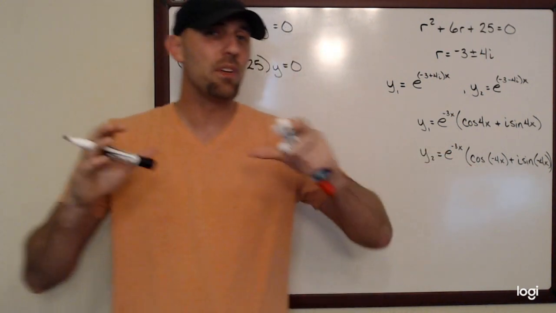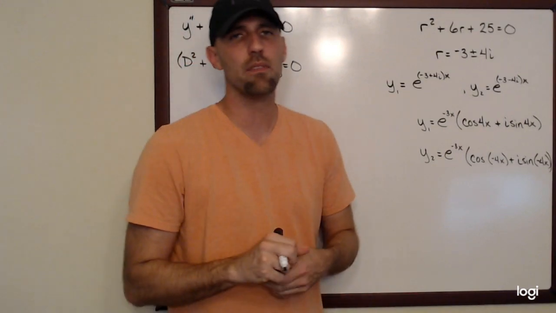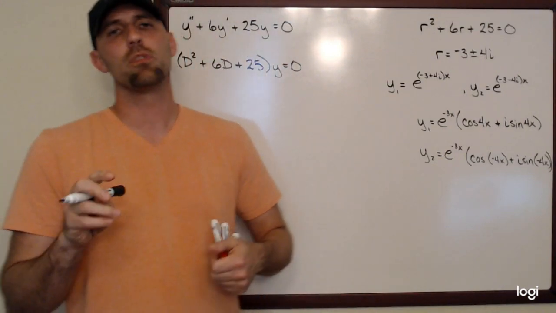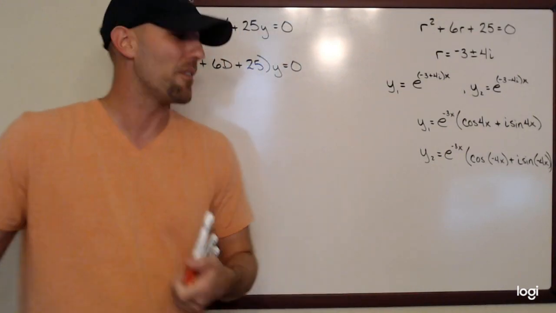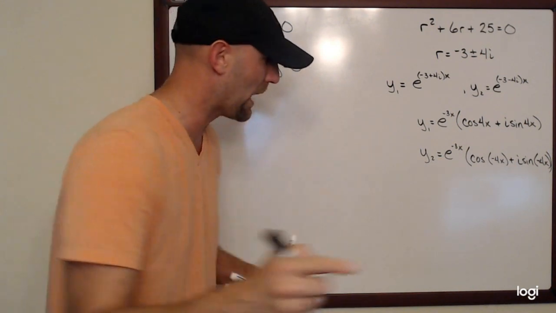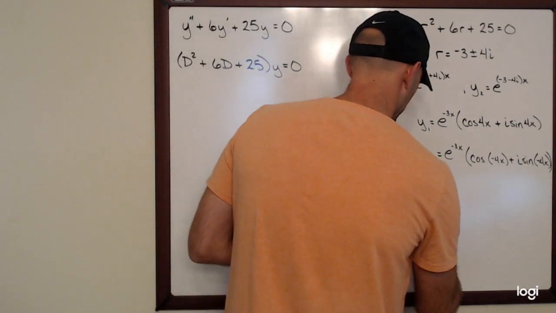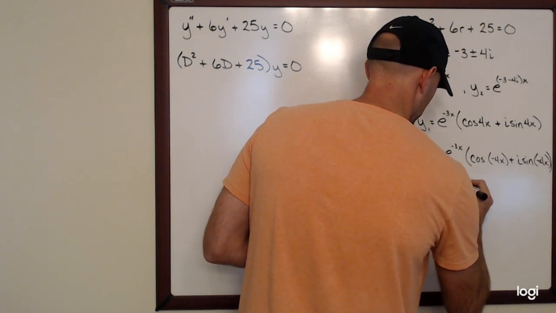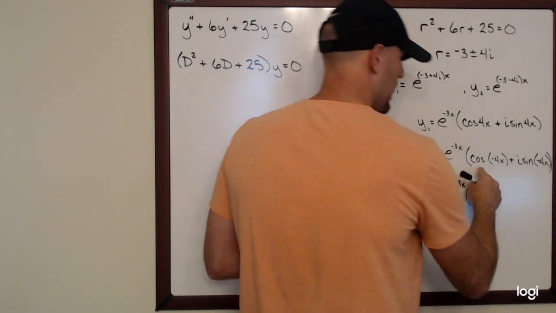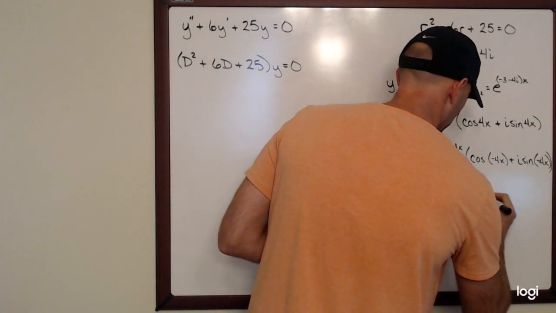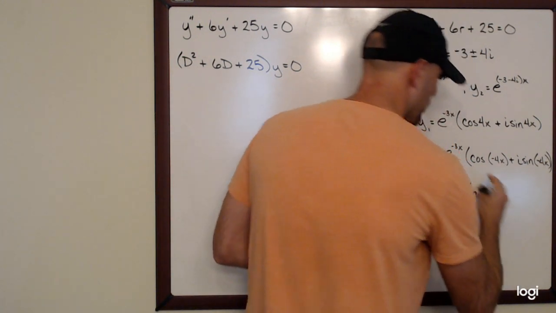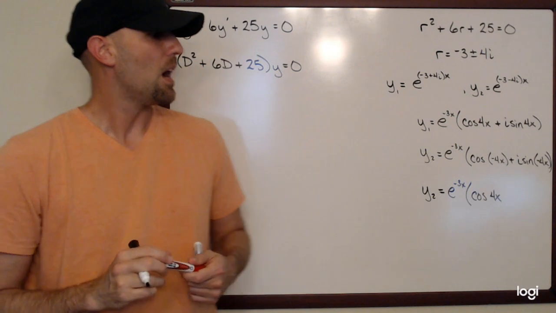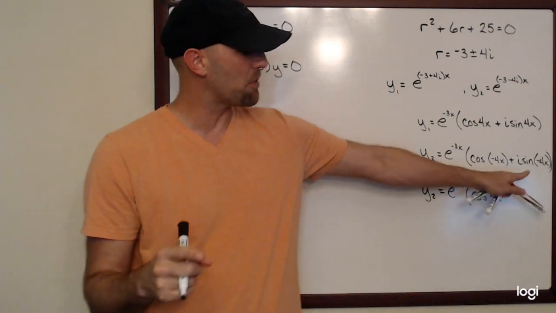I'm going to make a couple small changes for this. Cosine is an even function. Yes, we remember what even functions mean. So an even function means that f of -x is equal to f of x. And so I can actually rewrite cosine of -4x as just cosine of 4x. Those are equivalent. Sine's not even, so I can't do the same thing here.